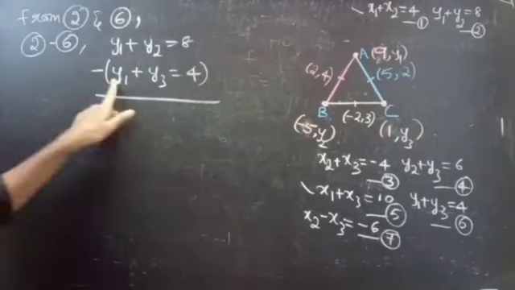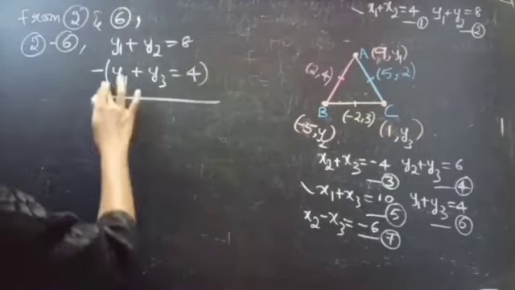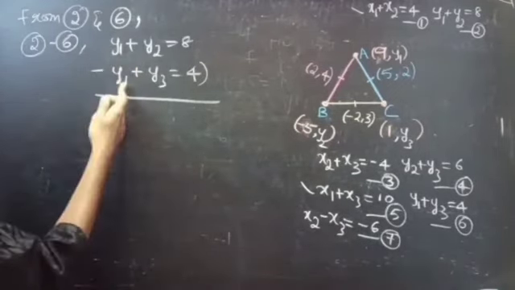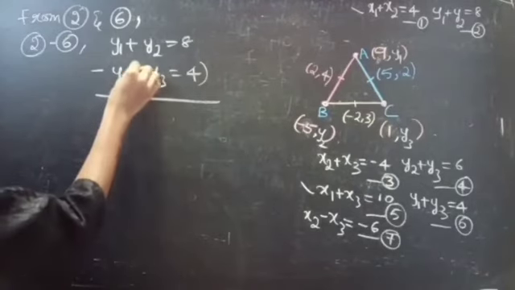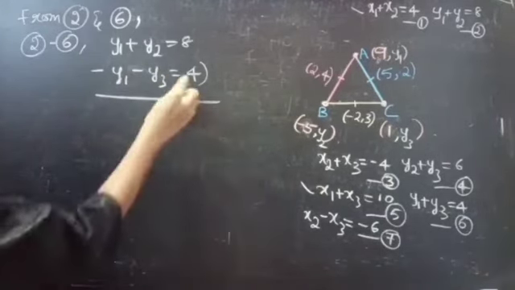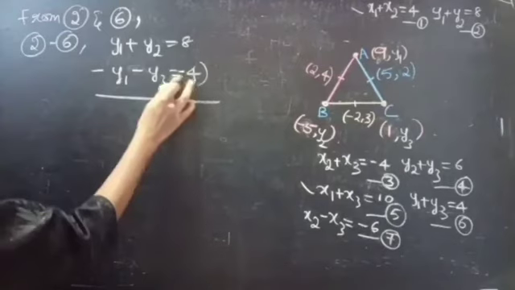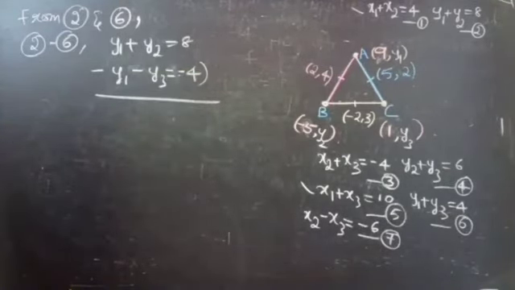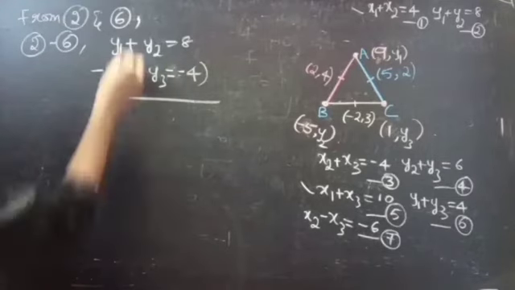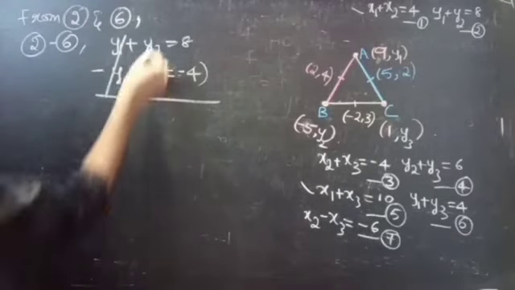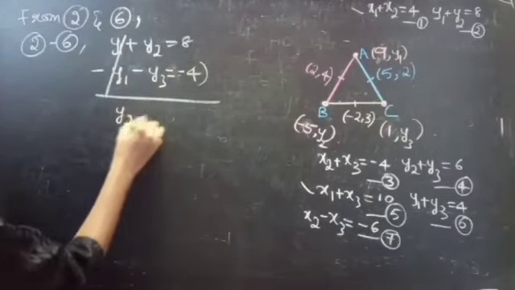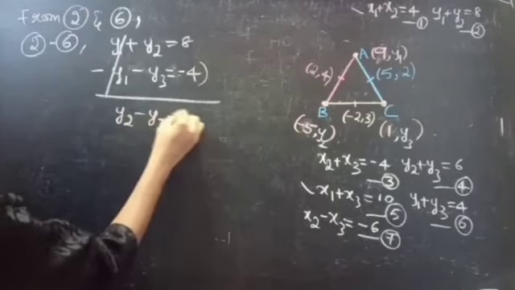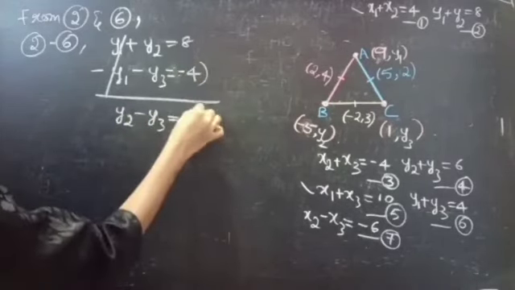Multiply with the minus sign, so you'll get minus y1, minus y3, and minus 4. Cancel y1, so you'll get y2 minus y3 equals 8 minus 4, which is 4.